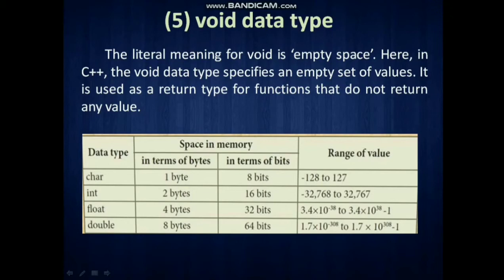These are all very important: how many bytes these data types get from the computer memory. Everything is very important, as well as the number of bits. Then the range of values, and how the variable values are stored in our memory.